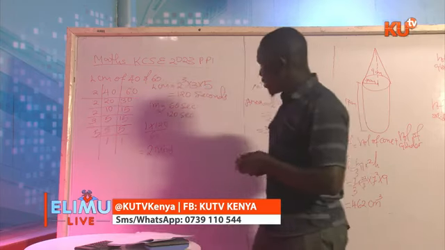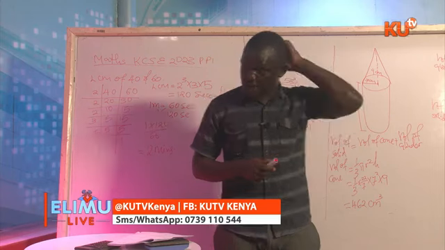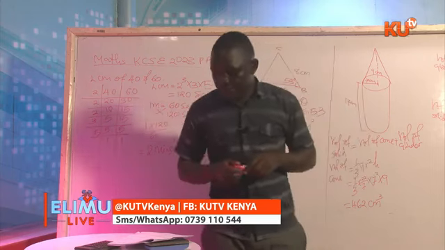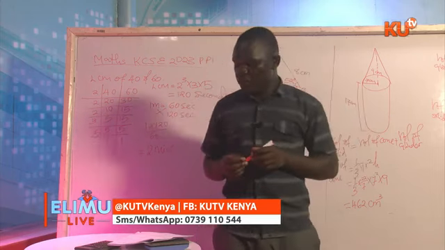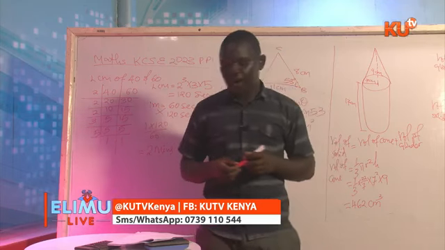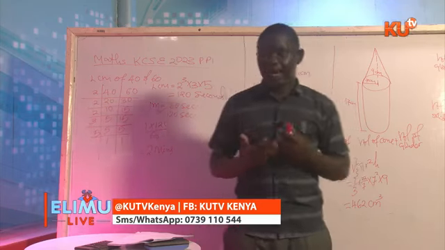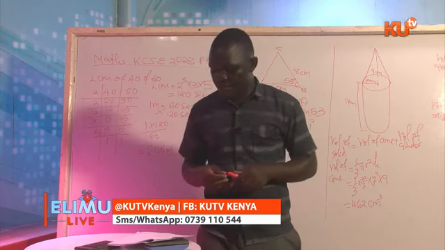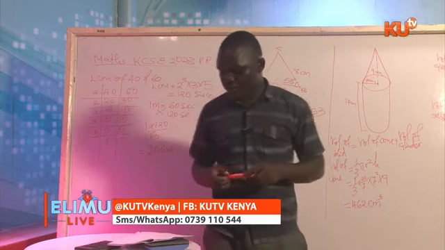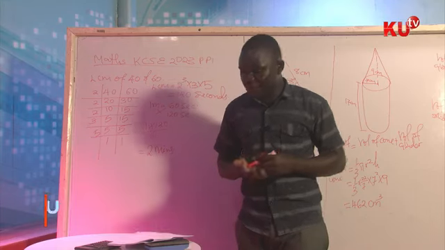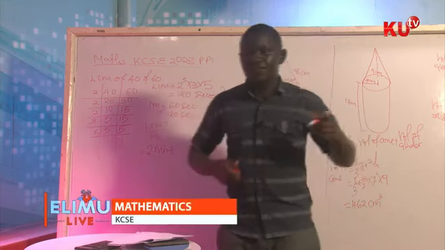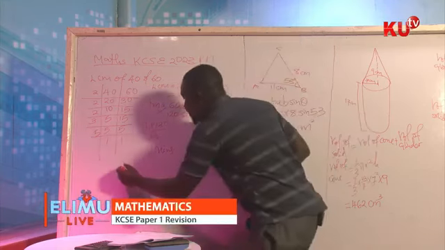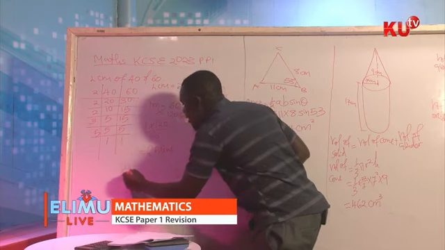Now, part B of the question, let's check. The number of times they will light together in the first half of an hour. So first of all, let's understand this. What is half of an hour?